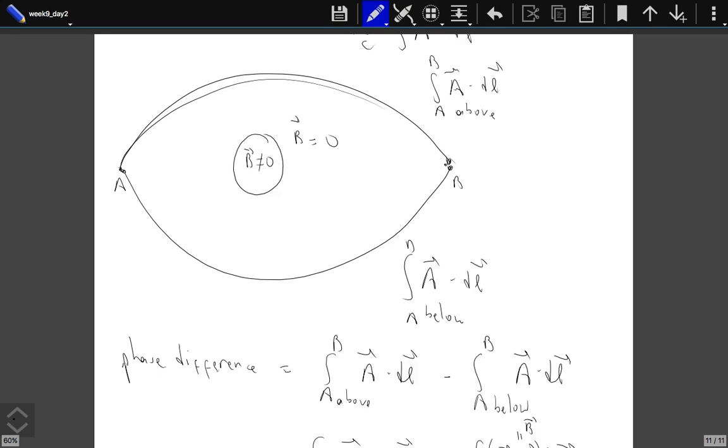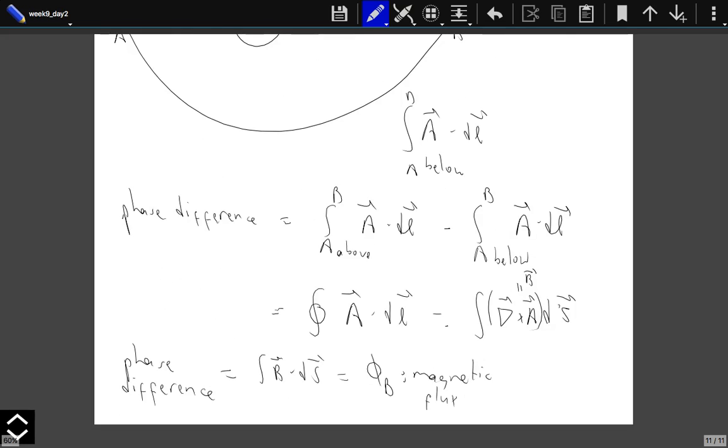Well, although it does feel the vector potential, you see, the problem is how much it is modified is still determined by the magnetic field. So you see, the phase difference depends only on the magnetic flux.